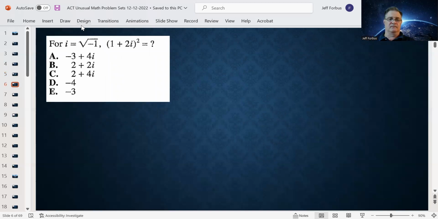Now, as soon as you see this, you see the letter i. i implies complex numbers. There are some things that you need to remember about i, and one of the things that's most important is i squared. i squared is equal to -1.